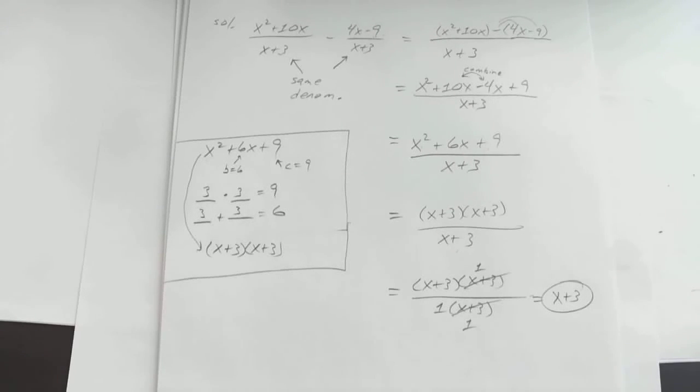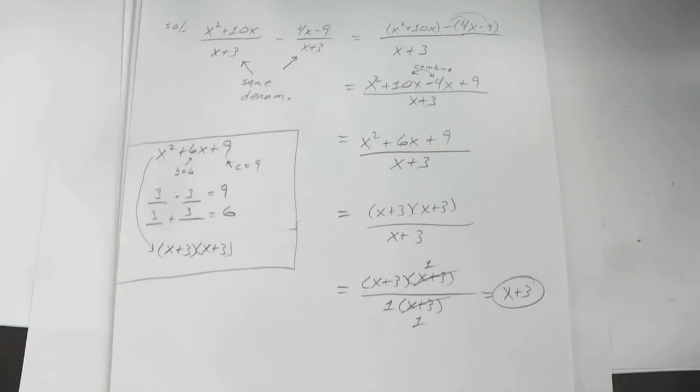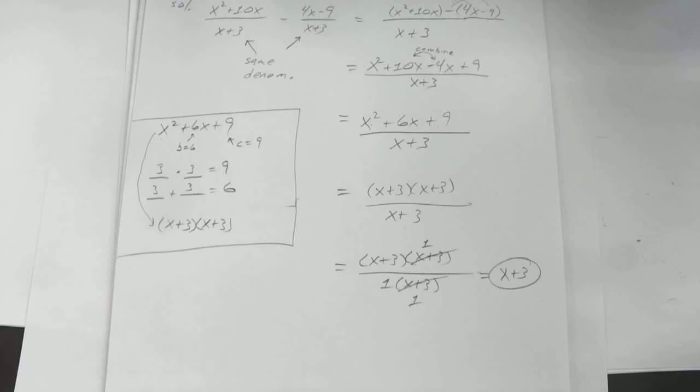Okay. So even if it looks like you're done, try to factor it and see if anything can cancel out. All right. Any questions on this one? All right. I'll leave that up for a few more seconds.